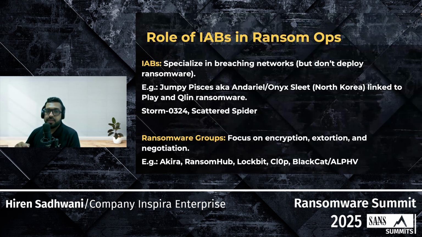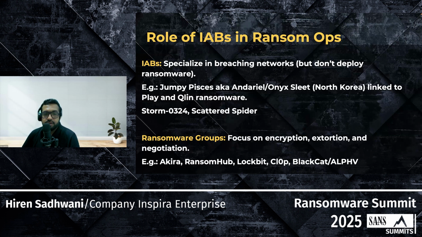Now, what's the role of this? Why are we discussing this? Because today most ransomware operators do not do the initial access. They just outsource it. They take the service from initial access brokers like Scattered Spider, or Storm-0324, which is the name given by Microsoft.